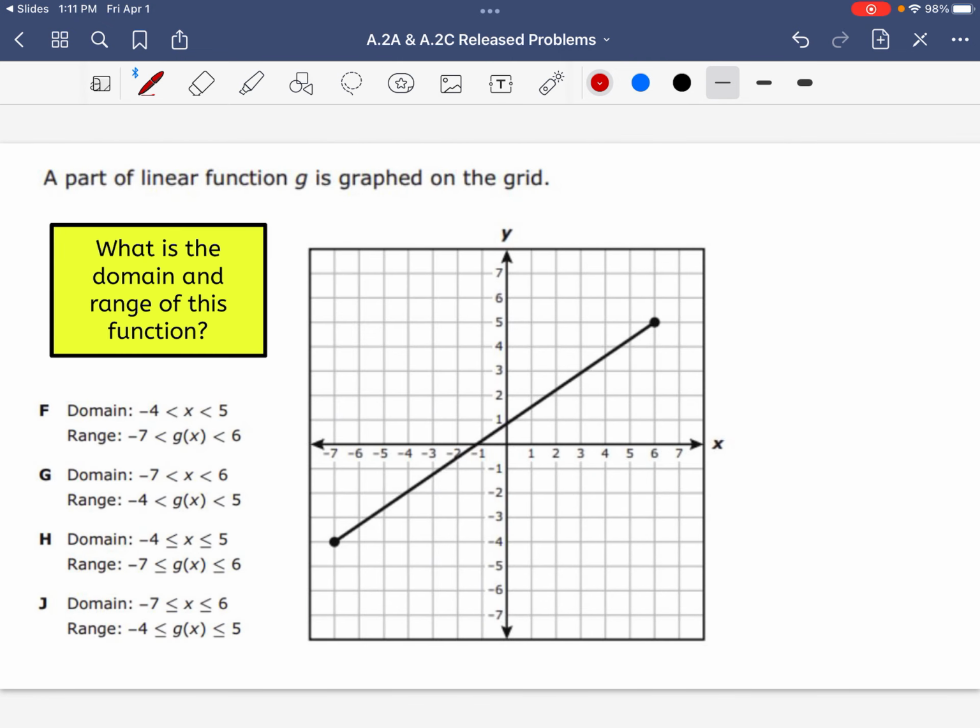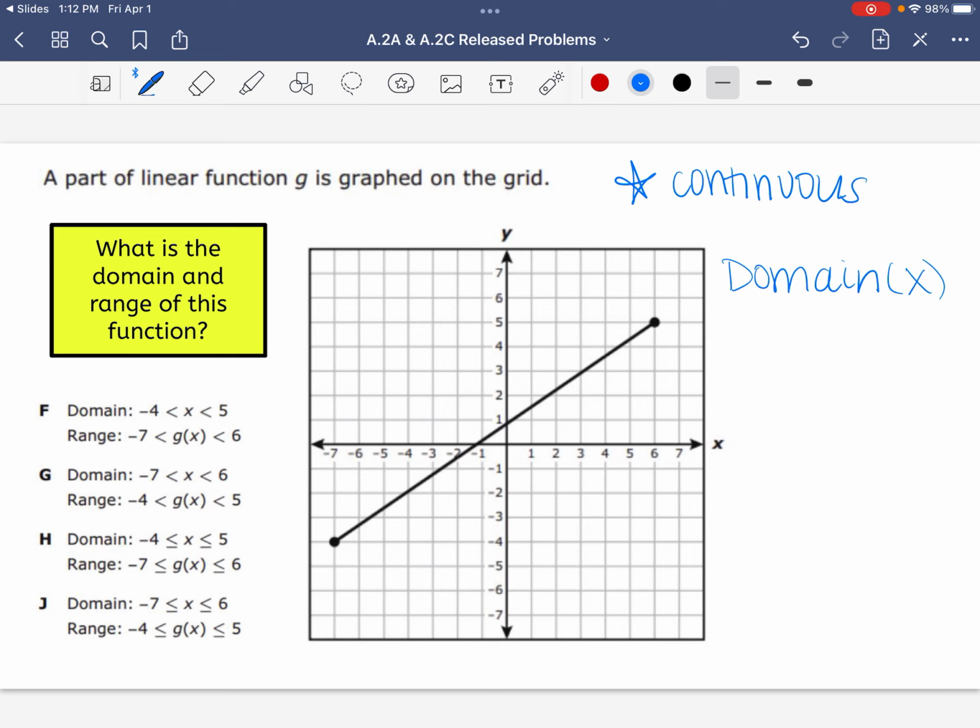All right, so we have a part of a linear function that is graphed on our grid or our coordinate plane. And we want to know what is the domain and the range of this function. Right off the bat, I notice that this graph is connected. So I'm just going to make a star that says this is continuous. And so first, I'm going to look at my domain, which I know is x.